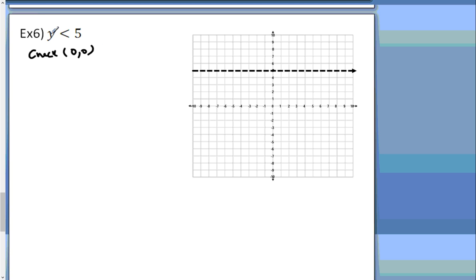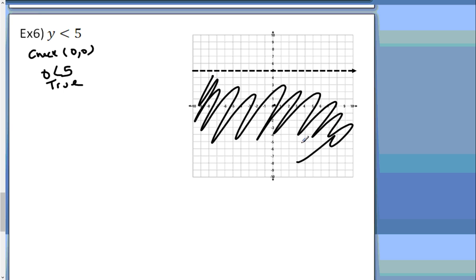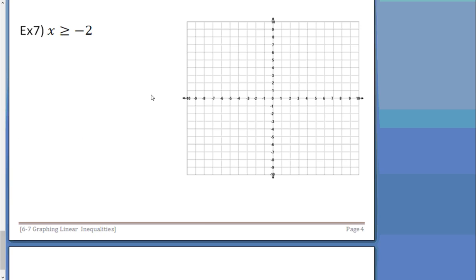So I don't have an x number, so I just put the y in. And I just get y is less than 5. Really easy to check. Is 0 less than 5? Yes, that's true. So that means 0, 0 works. So that means I shade down here. Okay? Real easy. Do the last one.